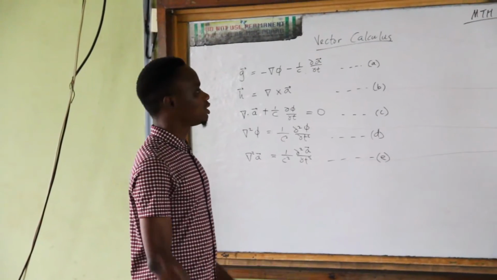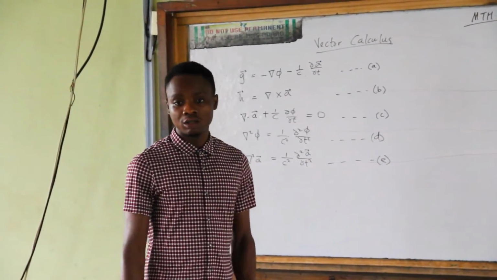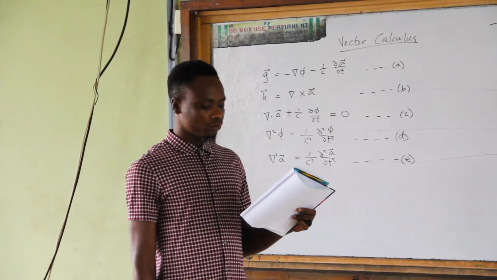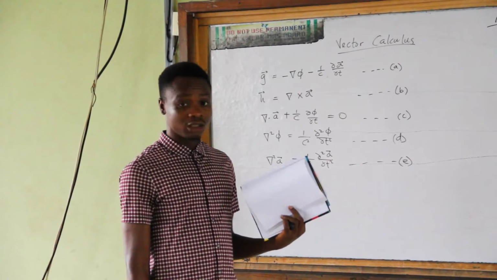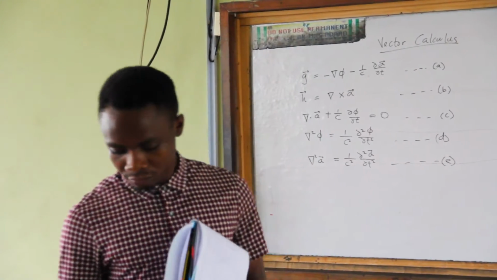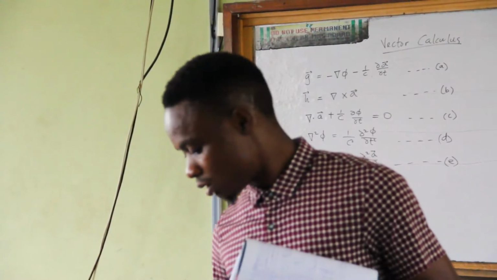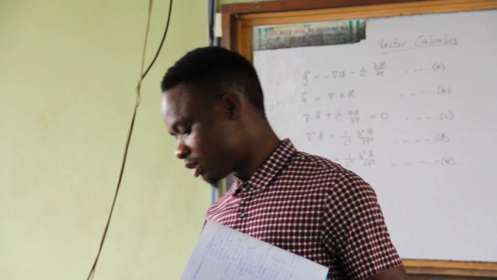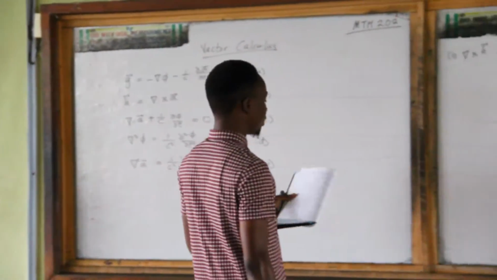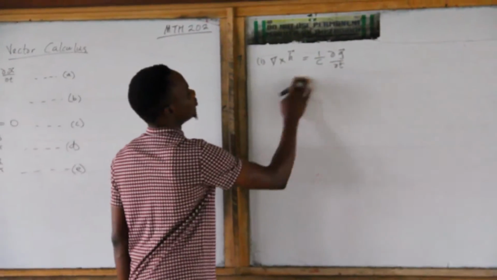No, that's one of the things we want to show. The question, not the condition. It's one of the things we want to show. Okay, so this is the first one.